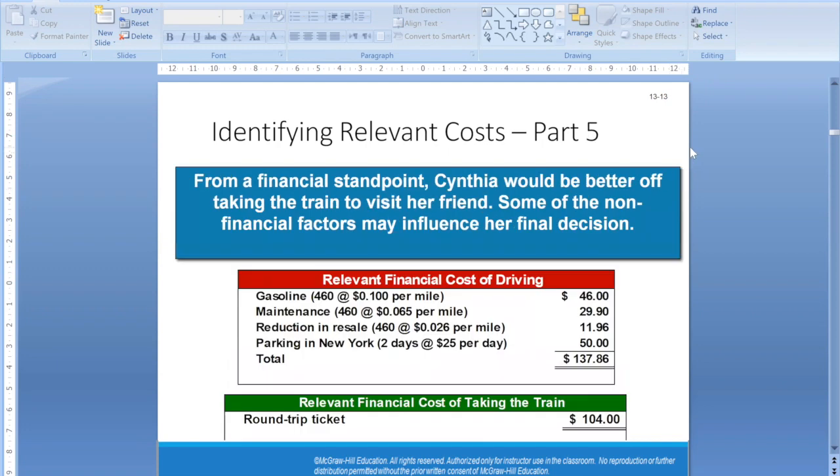From the financial standpoint, which means excluding the benefits or the personal variables, Cynthia would be better off taking the train to visit her friend. Some of the non-financial factors may influence her final decision.